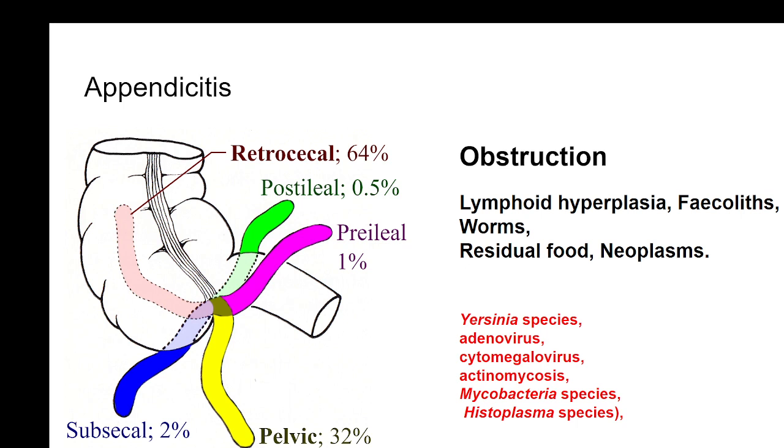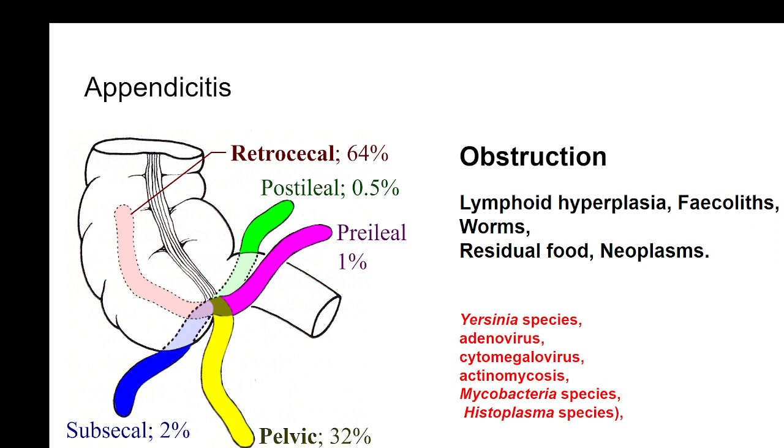Another factor which often results in lymphatic hyperplasia is upper respiratory tract infection. In patients with upper respiratory tract infections, particularly children, when they swallow phlegm which contains infected product, it also can result in lymphatic hyperplasia in the GIT.